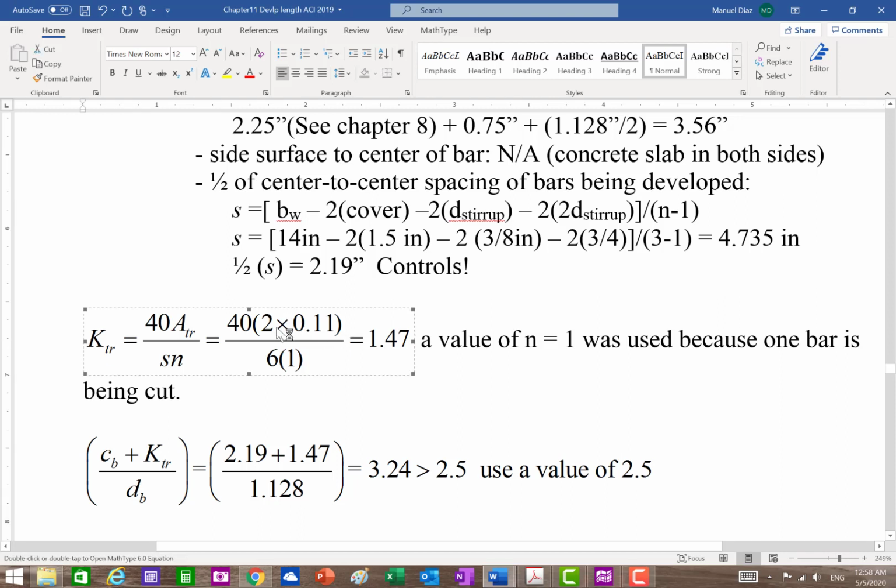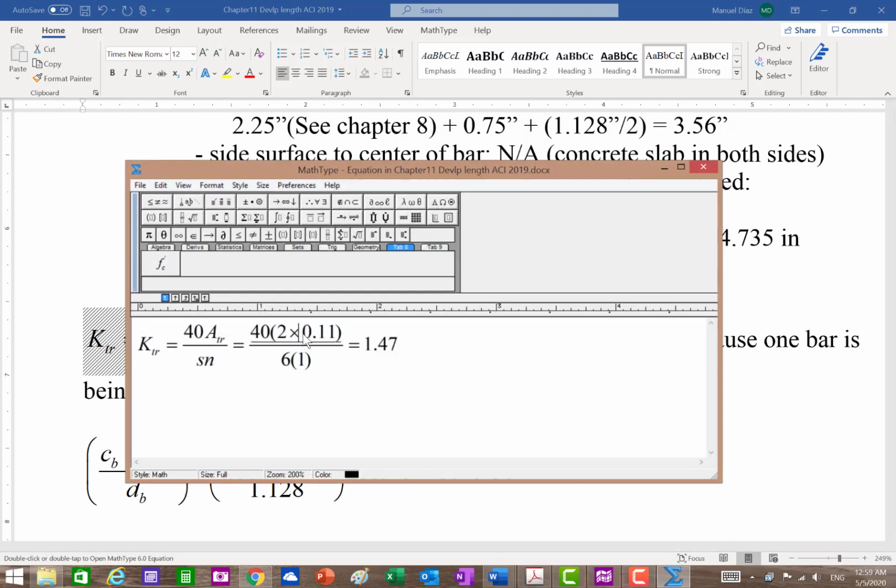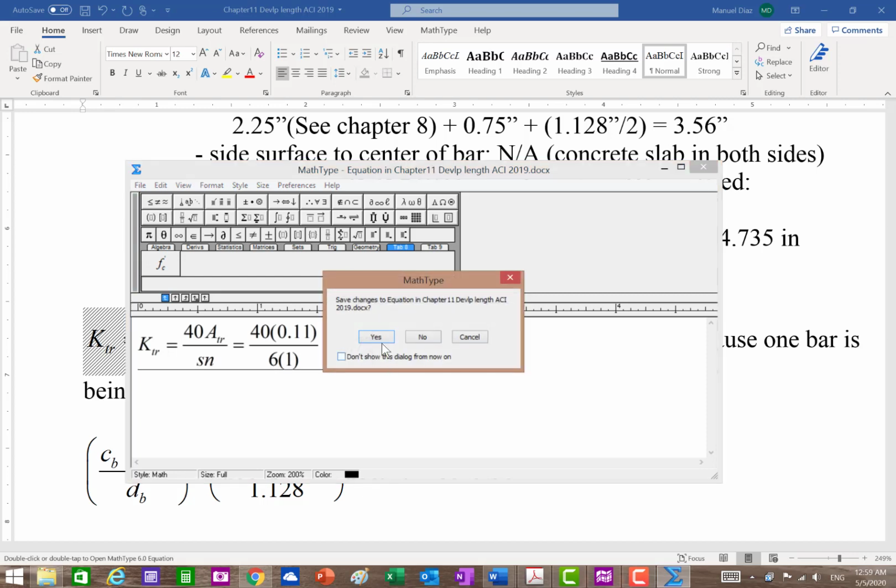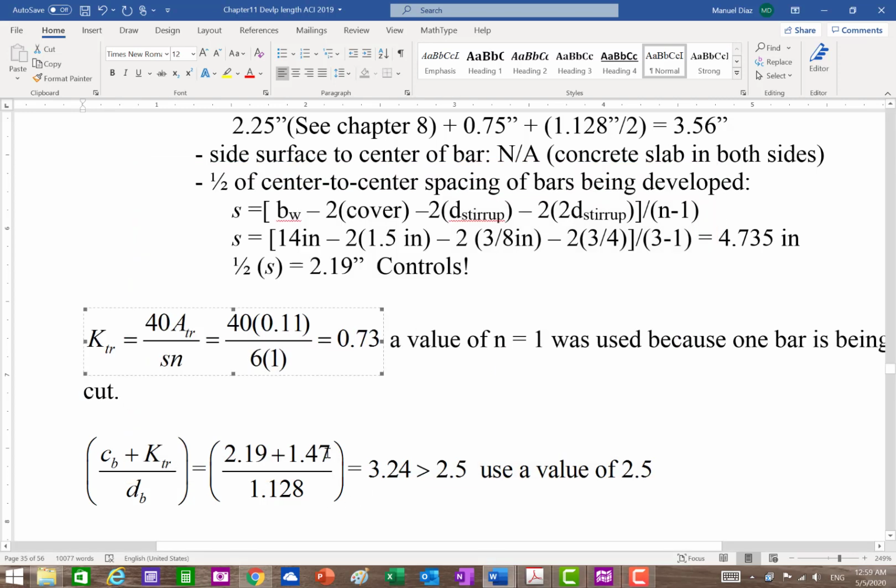So I think I'm going to do that. I like that better, because that goes with our theory that you have one vertical crack, right? Then you only have one leg crossing it, so you should use one area, and this will give you 0.73, and with that we get here 0.73.